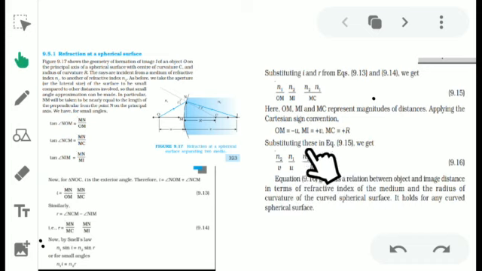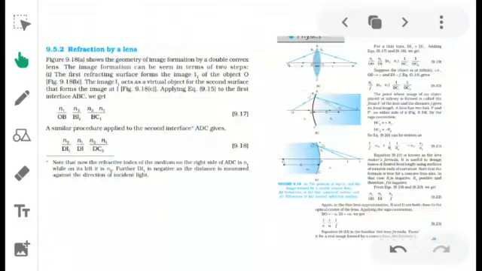We will use this equation for deriving the Lensmaker's formula. Next we are going to discuss the Lensmaker's formula, that is refraction by a lens. We are using the formula we derived in the previous section. See, the lens is the combination of two spherical surfaces, that is ABC and ADC.